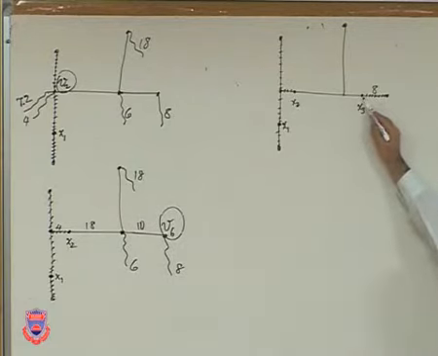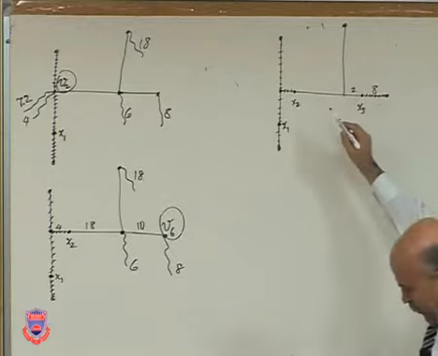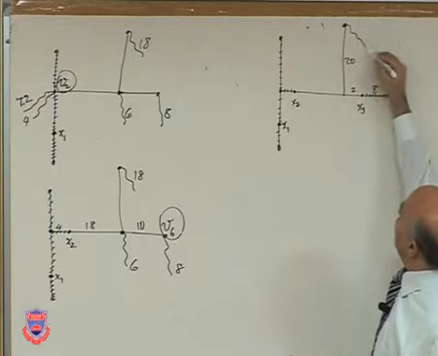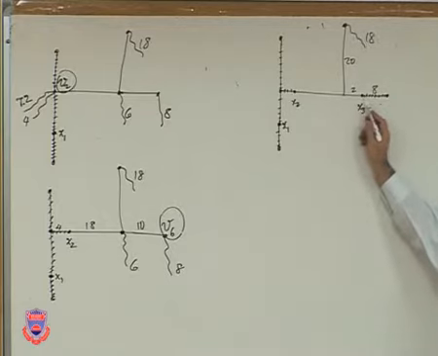As soon as you locate this guy, there's a length of 2 units here. There's a length of how much? 20 units here. So this one cannot reach, but that one reaches here. So I drop that.